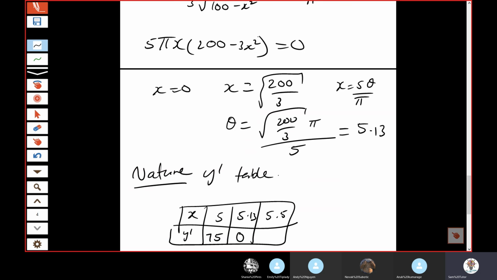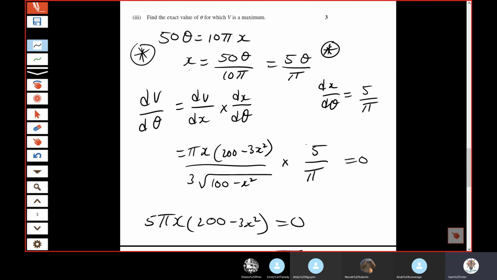Something is wrong. X equals this times pi divided by 5. Root 200 on 3 times pi divided by 5. Yeah, that's right. Something is weird.